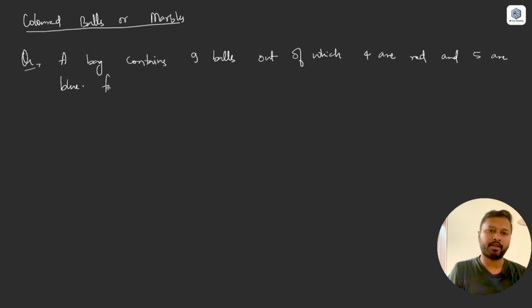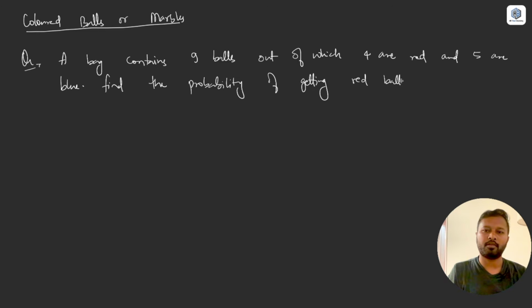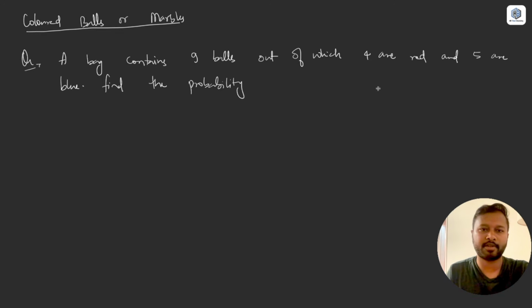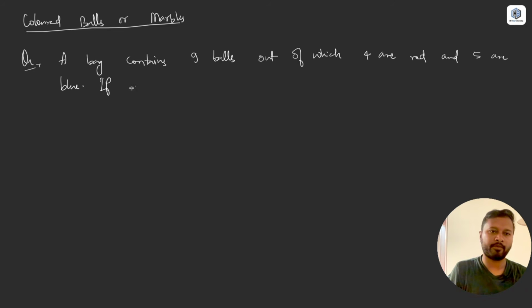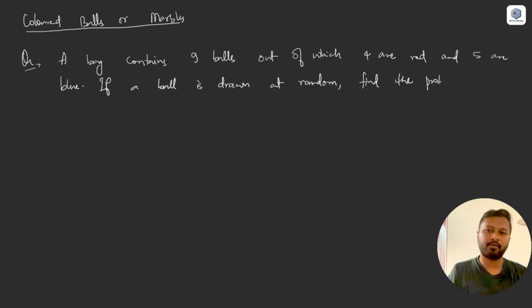Find the probability of getting a red ball. Or to be precise, the question will be: if a ball is drawn at random, find the probability that it is red in color.